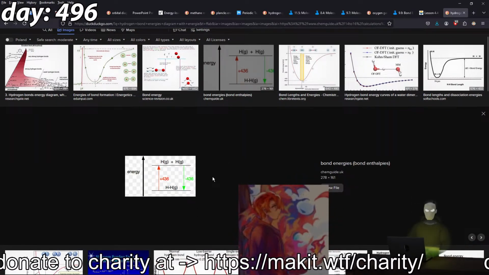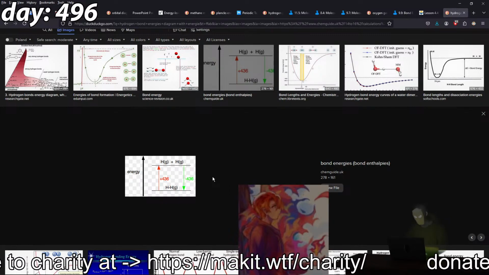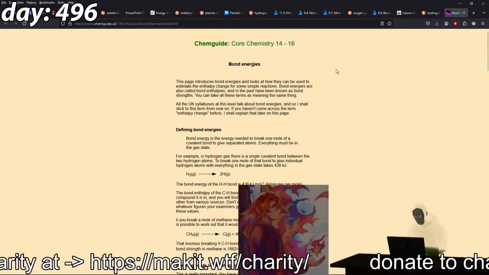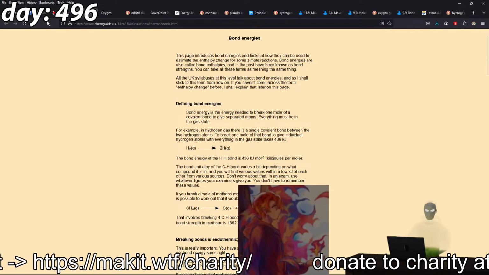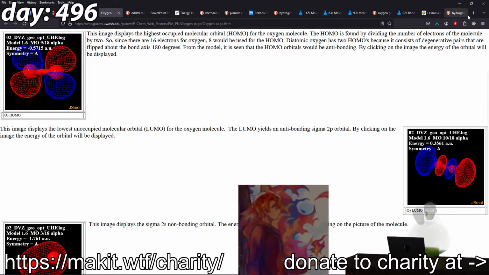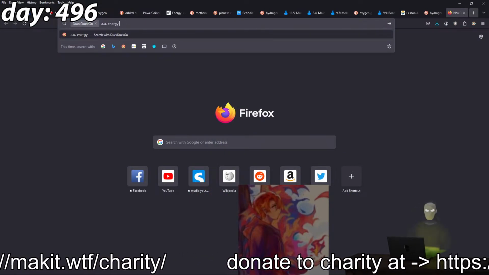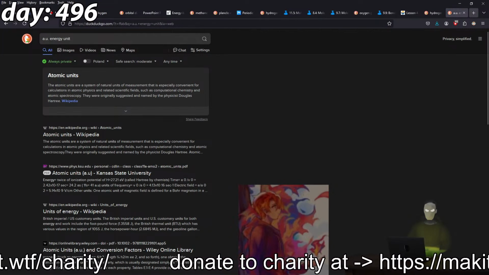Oh wait, is it 436? But what is the unit? Oh yeah, festive. Okay, so AU, energy unit. So now I've got the thing I needed for water, for hydrogen gas, and for oxygen gas.